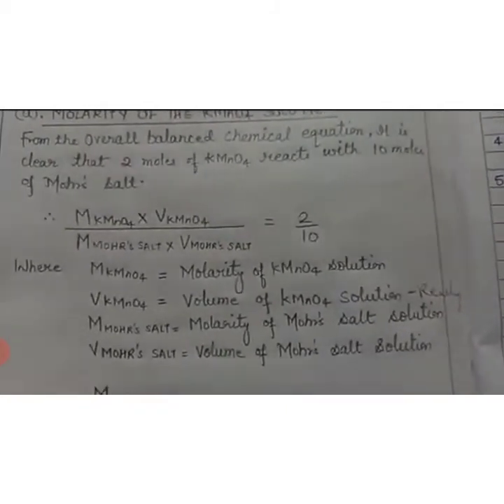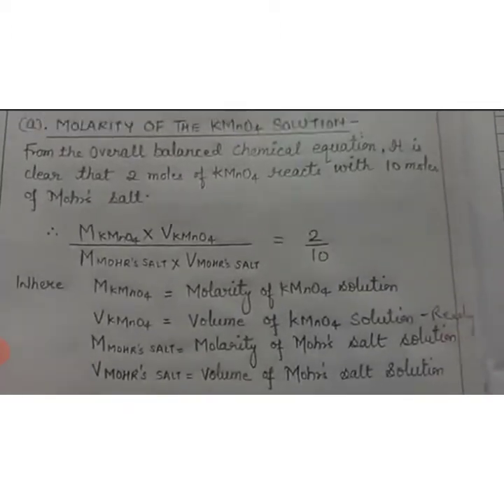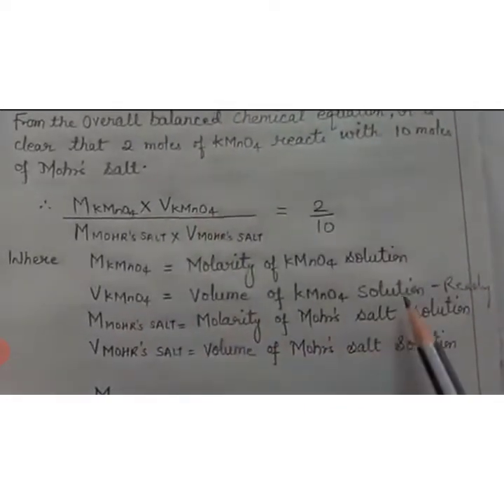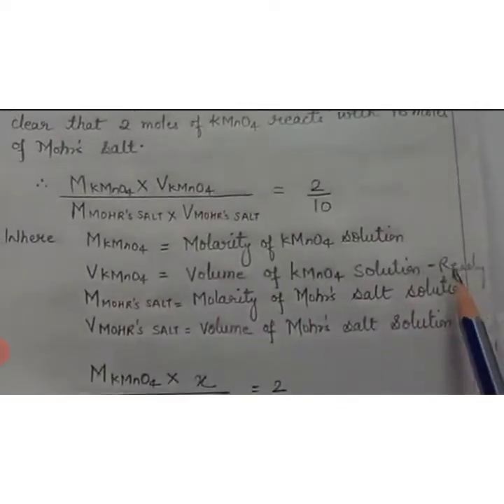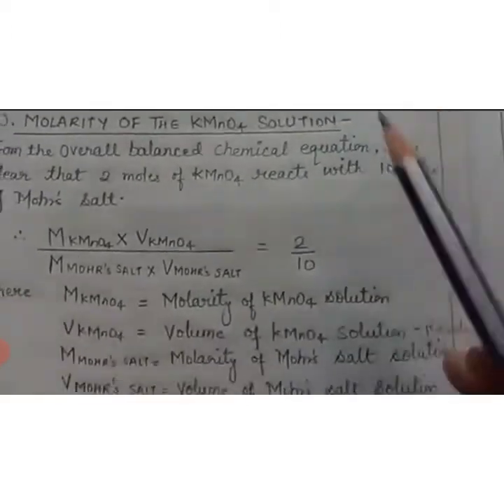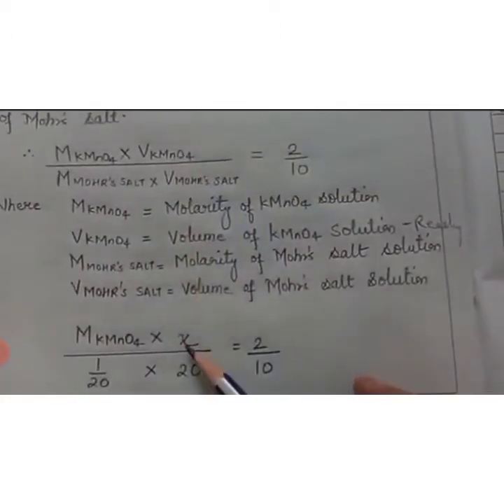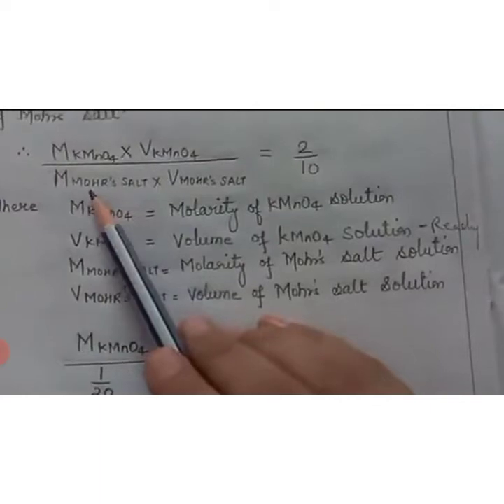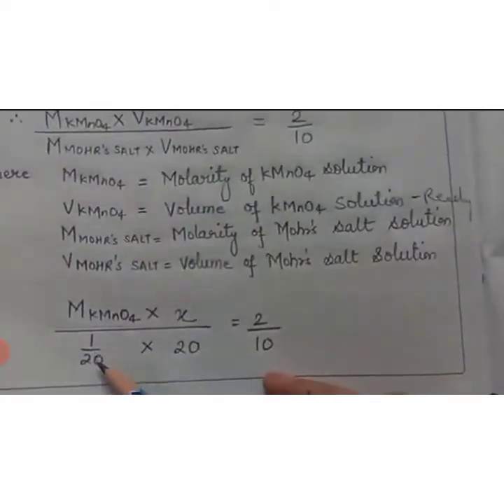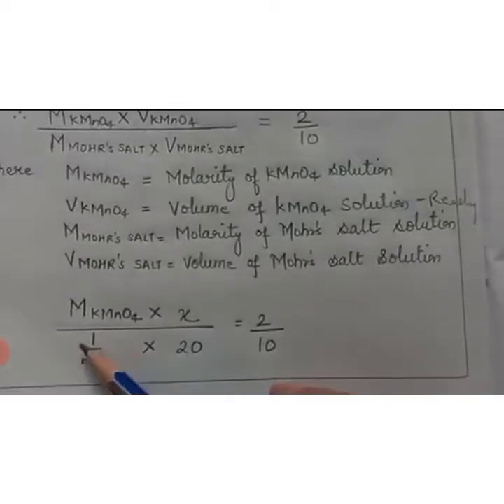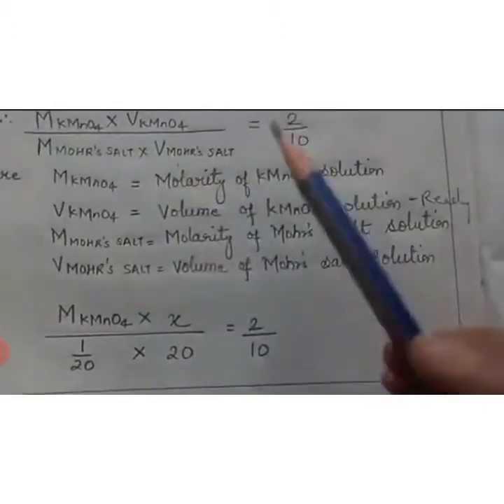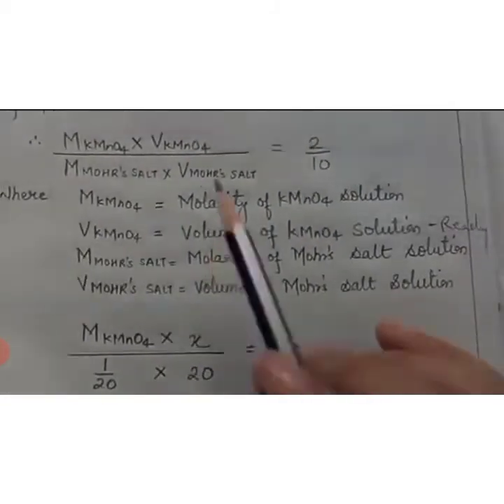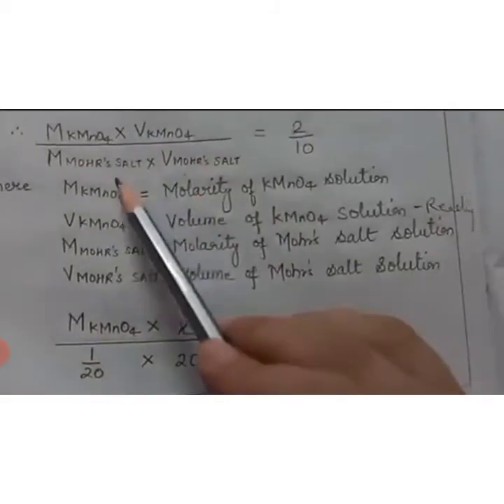M of Mohr's salt stands for molarity of Mohr's salt solution. We already know the molarity of Mohr's salt solution, which is M by 20, that is 0.05, or you can say 1 by 20. That is the molarity of Mohr's salt. Volume of Mohr's salt, we are pipetting out 20 ml of Mohr's salt in the titration flask. So that is 20.